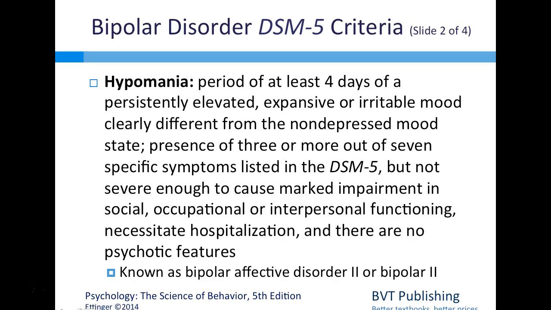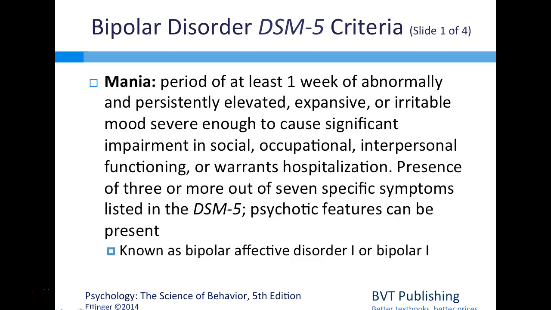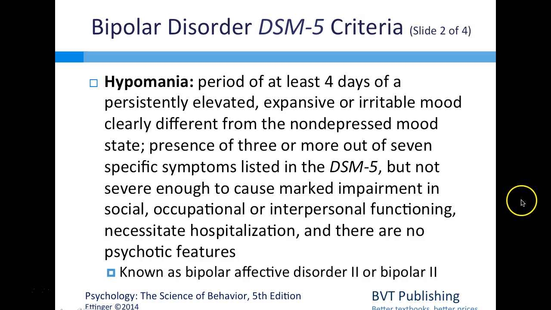Hypomania is a period of at least 4 days of a persistently elevated, expansive, or irritable mood, clearly different from the non-depressed mood state. Presence of 3 or more out of 7 specific symptoms, but not severe enough to cause marked impairment in social, occupational, or interpersonal functioning. It does not necessitate hospitalization, and there are no psychotic features. So mania is much more extreme, and bipolar affective disorder 1, or bipolar 1, has mania. Hypomania is in bipolar 2, okay?